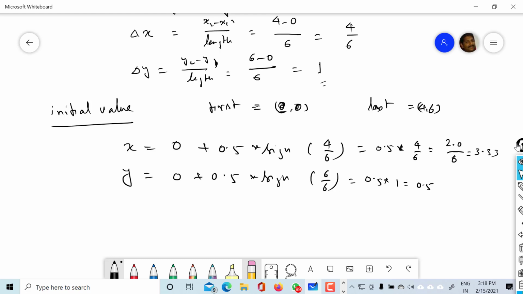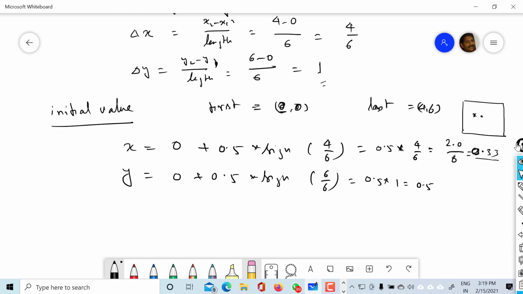Because the point 3.33 is near to 0.5. Actually it is 0.33, and 0.33 is very near to the half position. If this is your pixel and this is the midpoint, then the actual value is 0.33, here.